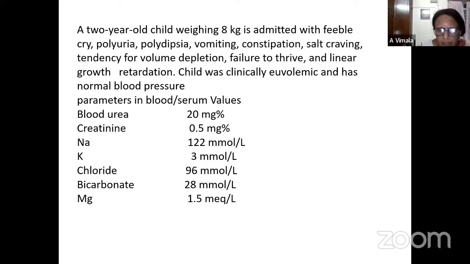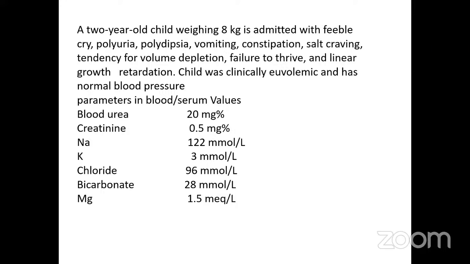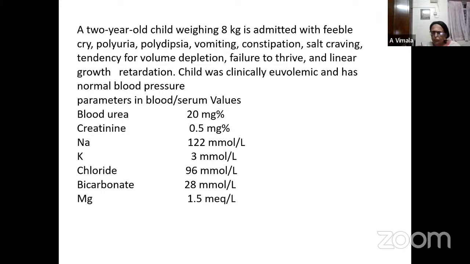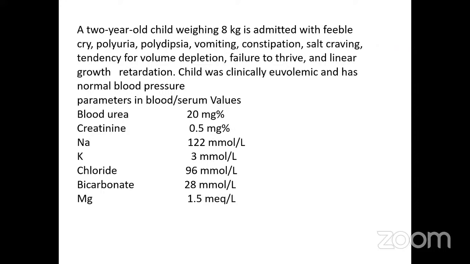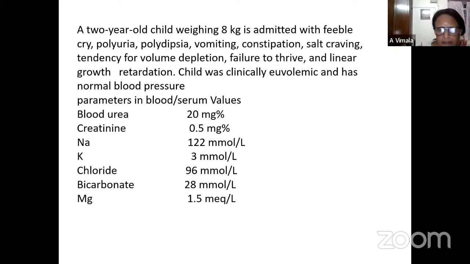Hyponatremia, they're telling now. They're typing, ma'am. Sai Manoj is telling hyponatremia. And what about the potassium levels and chloride levels, Manoj? Hypokalemia, and chloride is borderline, 96 to 106, it's on the lower side. What about bicarbonate?